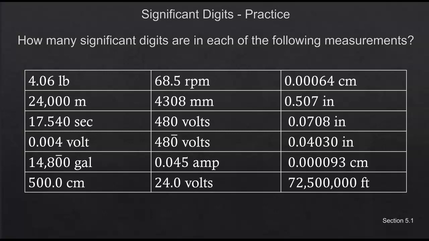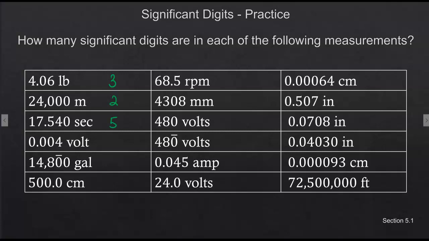So 4.06 pounds has 3 significant digits, the zero is between two numbers that are not 0, so that makes it significant. 24,000 meters is a whole number and it has a bunch of zeros after the 24, so there are only 2 significant digits in that measurement. 17.540 seconds actually has 5 significant digits.